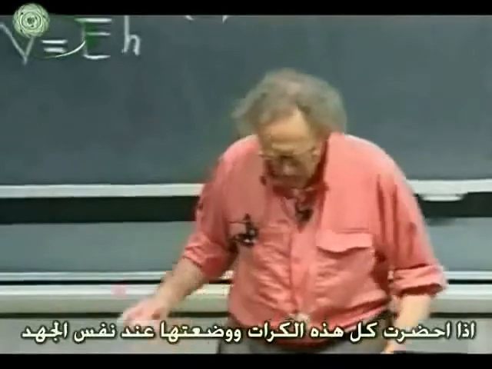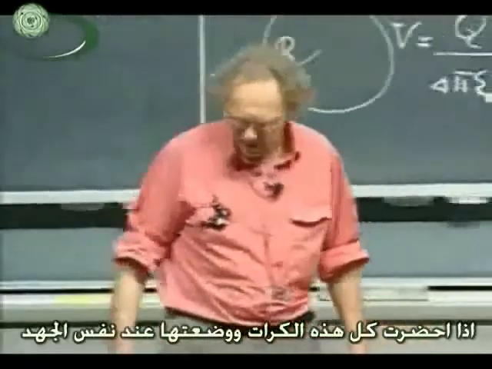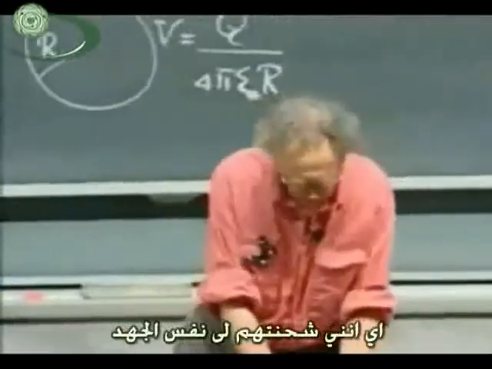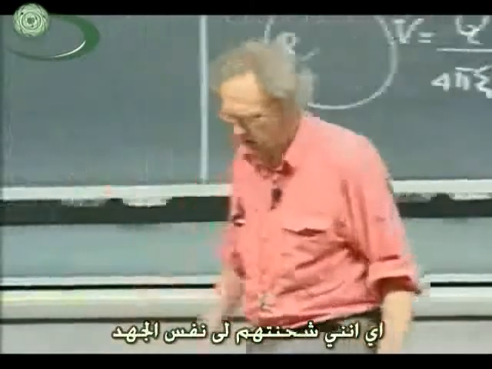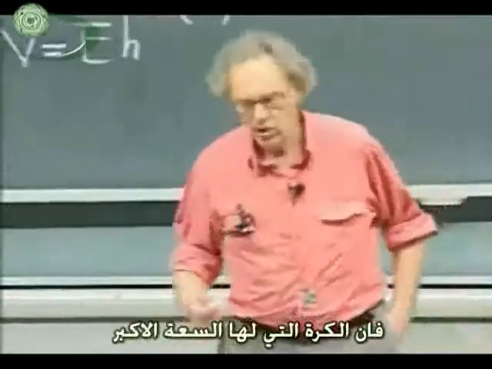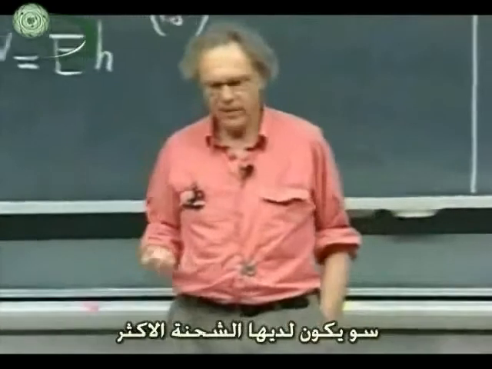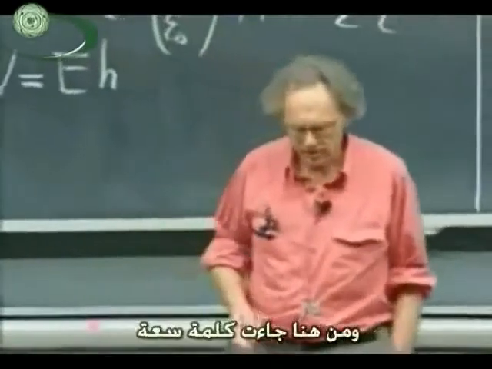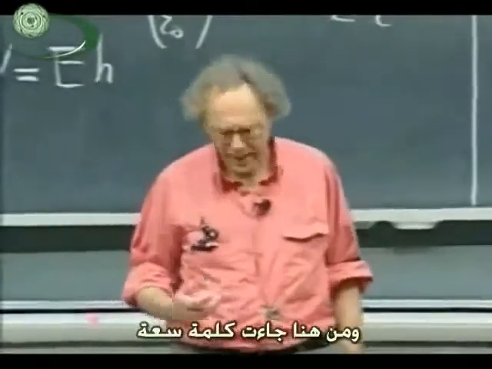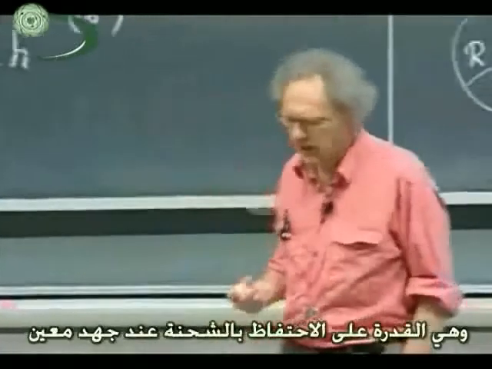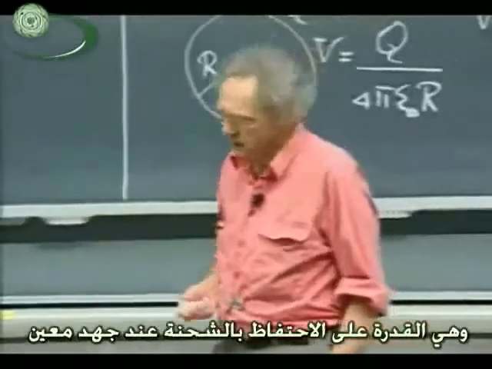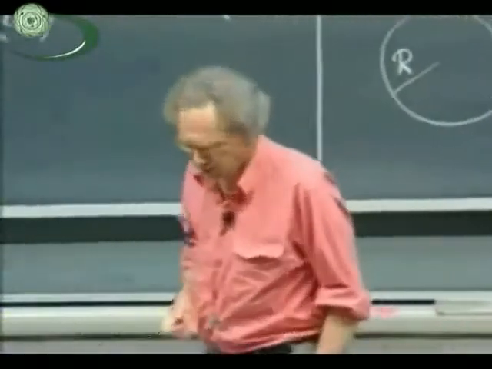So if I bring all these spheres at the same potential, so I charge them all up to the same potential, then the one with the largest capacitance will have the most charge. And that, of course, is where the word capacitance comes from. It is the capability of holding charge for a given electric potential.